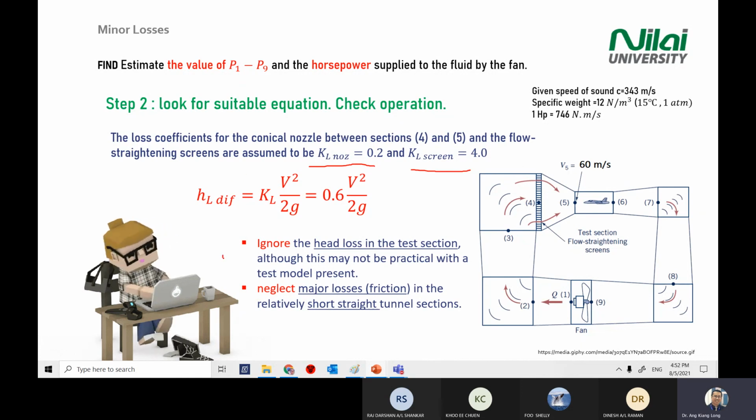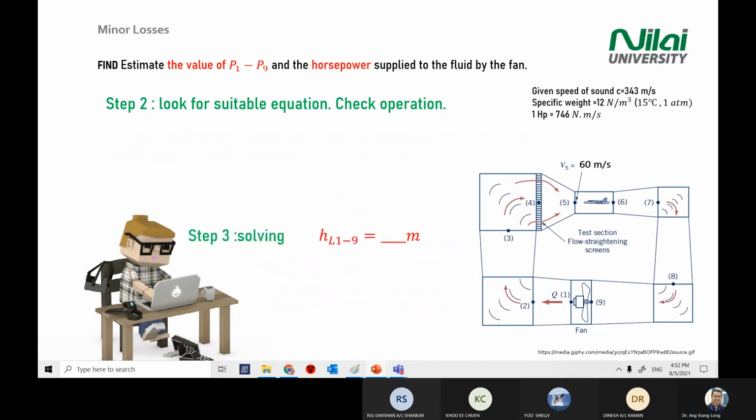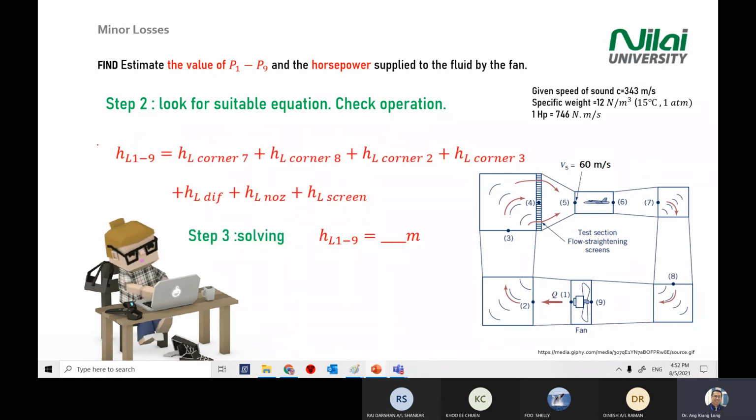Okay, in this case, we have 2 assumptions. We ignore head loss in the test section, meaning we have a smooth surface inside the test section. And also, we do not look at major losses. In this case, we focus on minor losses only. So, how do you calculate the total head loss? How many corners do you have? You have corner 7, which is here. Corner 8, which is here.